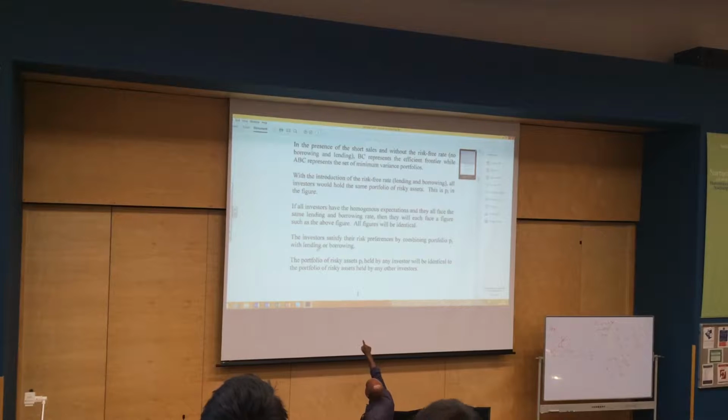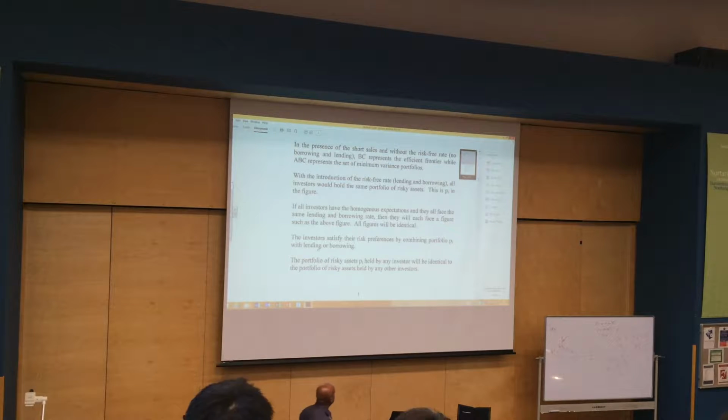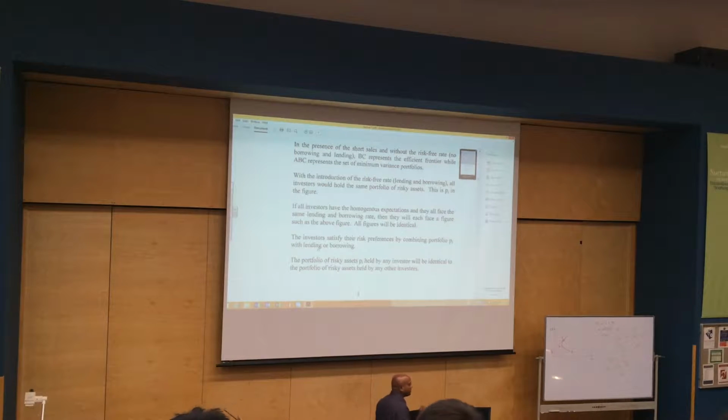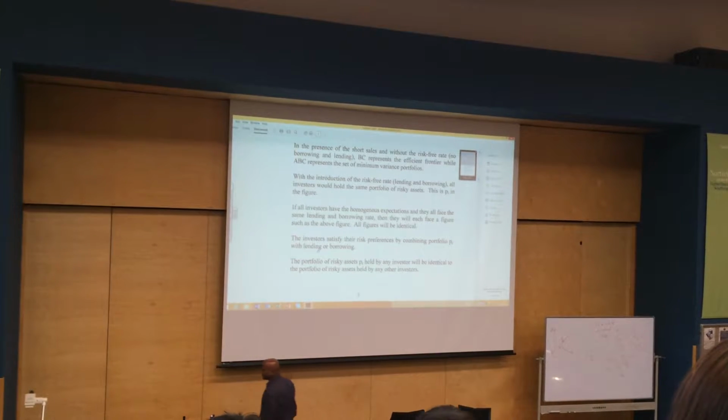Now, the third statement is very powerful. If all the investors have homogeneous expectations, they all see the same lending and borrowing rate, then everybody will have the same graph in front of them.